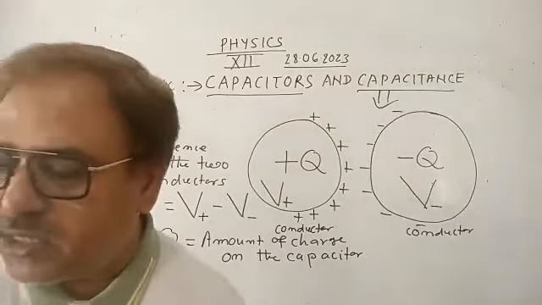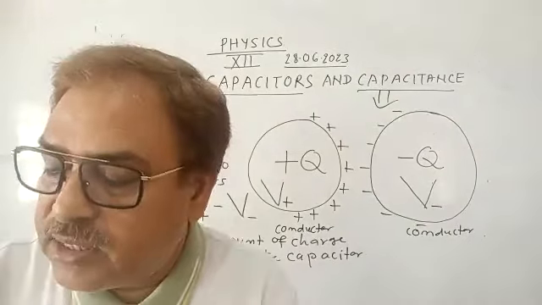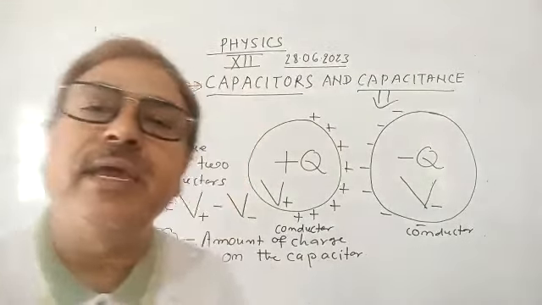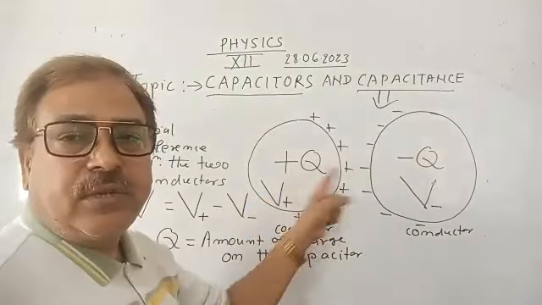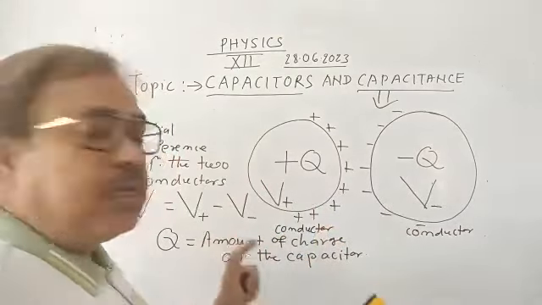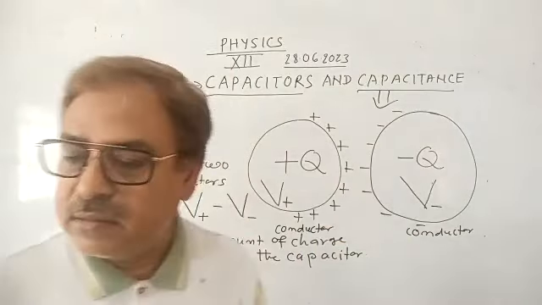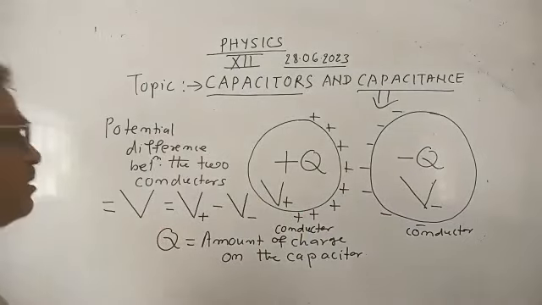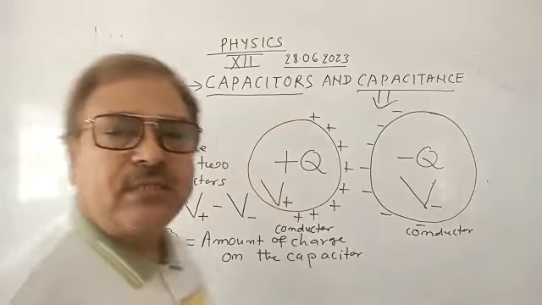This charge on the capacitor does not mean that the total charge given to the capacitor is zero. If we write positive charge and negative charge on the two different conductors, it does not mean the total charge of the capacitor is zero. So you should bear in mind that if you give plus or minus charge to the conductors, it does not mean the capacitor has zero charge.